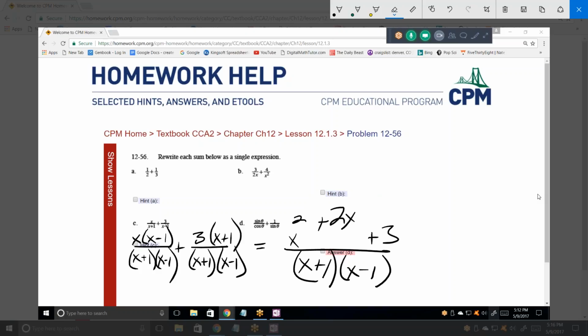I want to point out one thing. I don't like the fact that all three of these were addition. Because when you're adding, you don't have to do anything special to this. If this was subtraction, then I would most definitely have to put brackets around that, because that entire numerator is being subtracted.